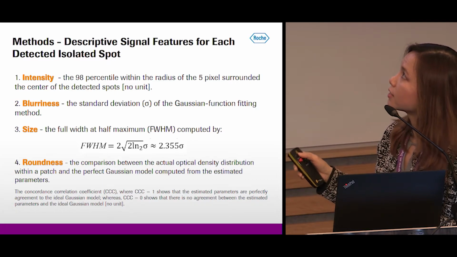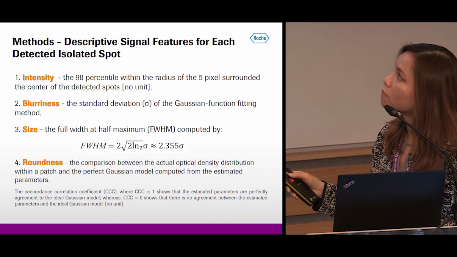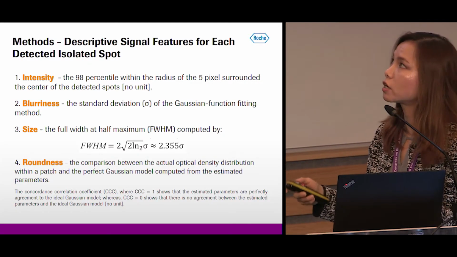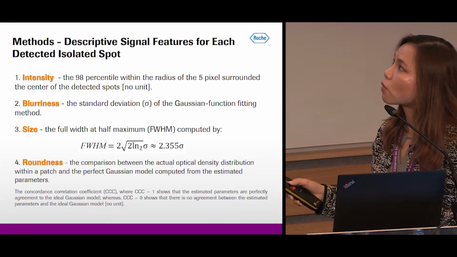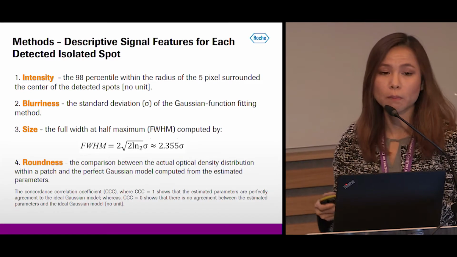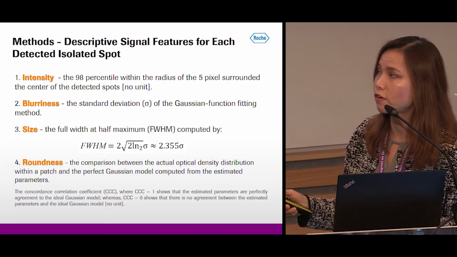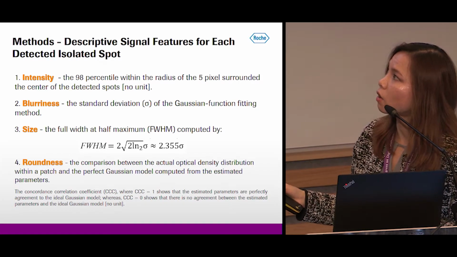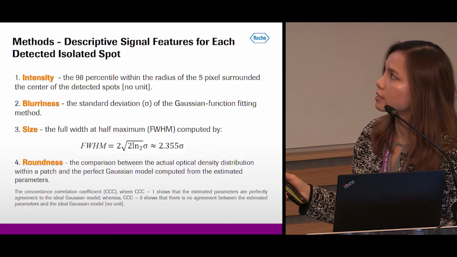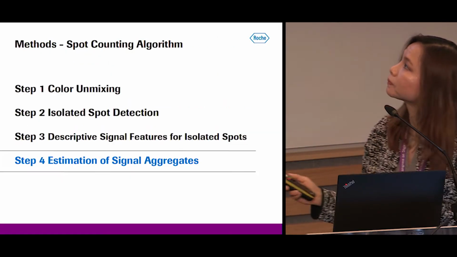For blurriness, we use the standard deviation of the Gaussian fitting parameter, and for the size we compute the full width at half maximum to represent the estimation of the dot size. Roundness shows the comparison with the parameters of a perfect Gaussian function. We use the concordance correlation coefficient, or CCC, to represent this feature.